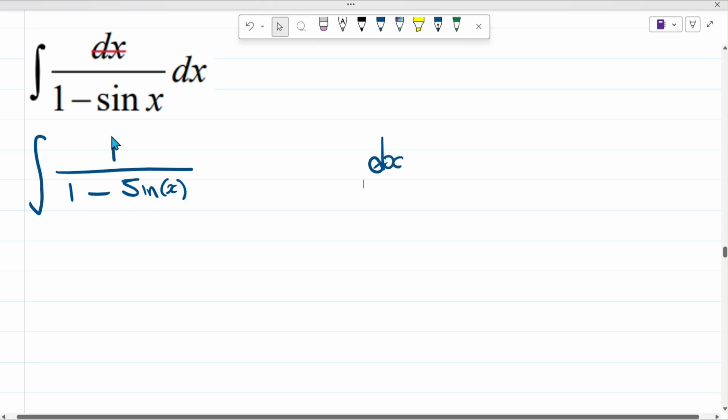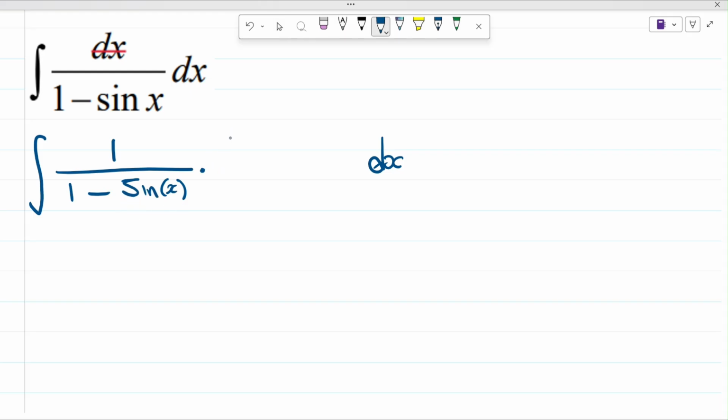Because I have a constant divided by a constant plus or minus a trig function, what did I say? I need to make sure that I multiply by a 1, but this one should be a special one, which is a Pythagorean conjugate. A Pythagorean conjugate just means that you change the sign between that constant and the trig function.